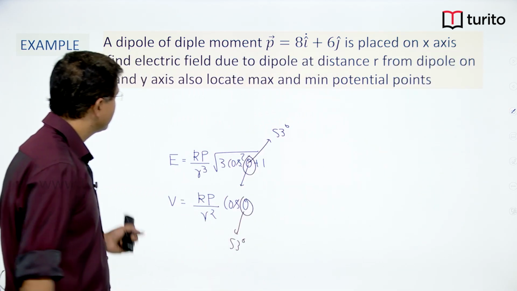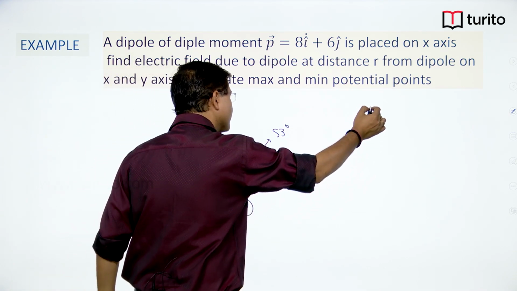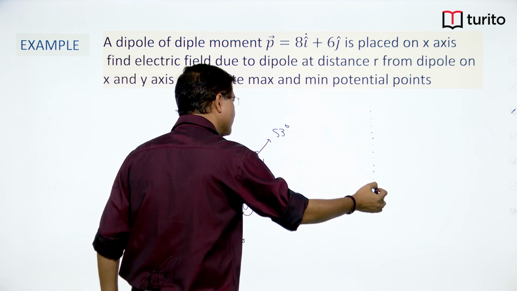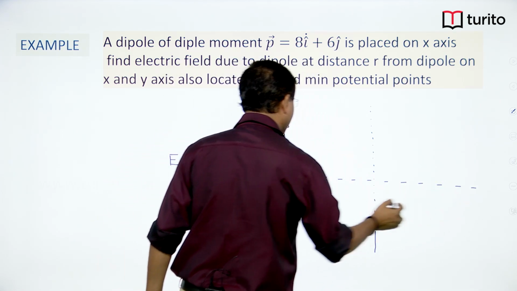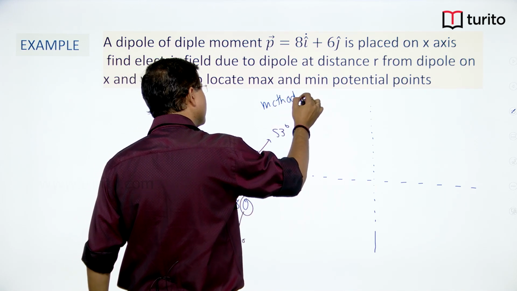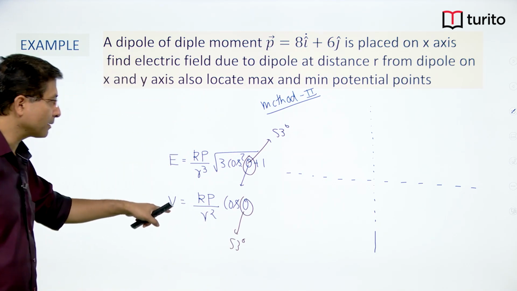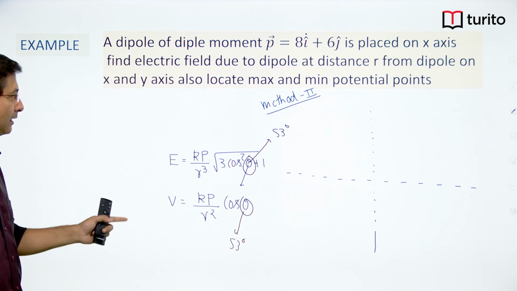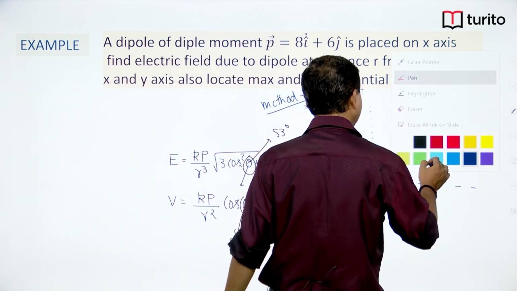So, let us get back to the first part of the problem. Now, I am telling the method to you. So, method 2: instead of applying these two formulas, I will directly write the field in vector form.